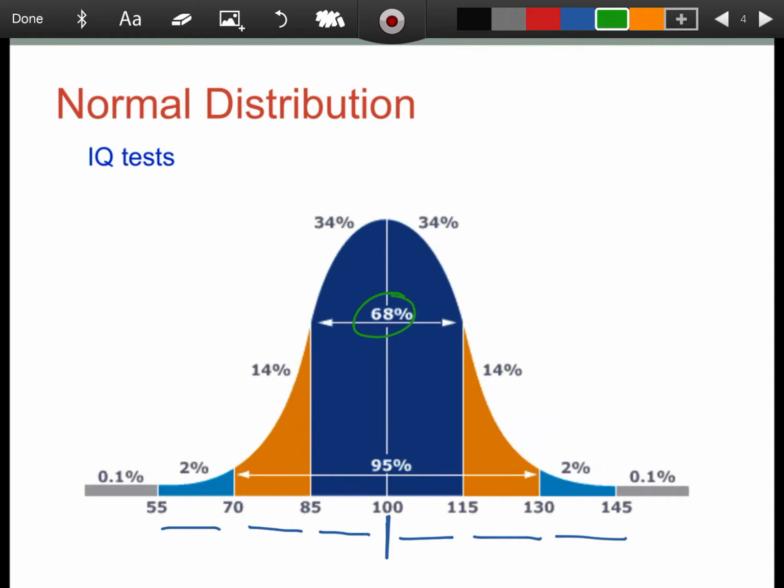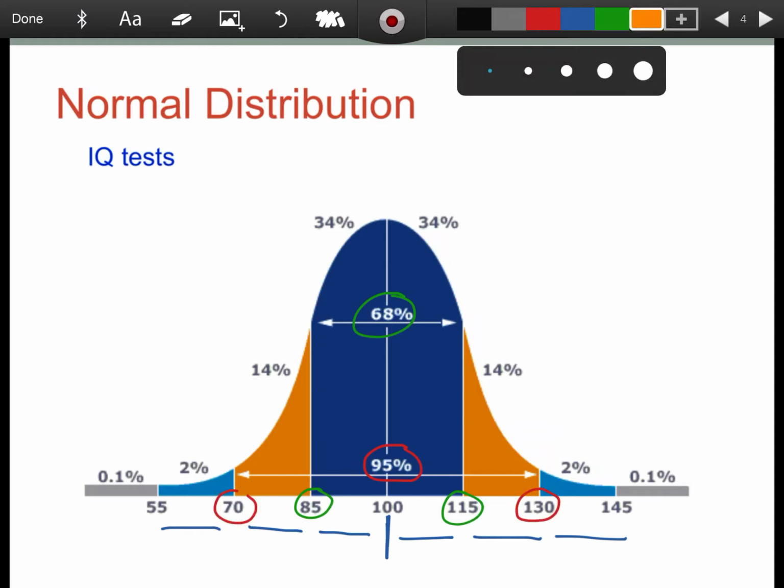So as you can see here, 68% of people have IQs between 85 and 115. Now if I go to 95%, which is 2 standard deviations above and below the mean, that means 95% of people have an IQ between 70 and 130.